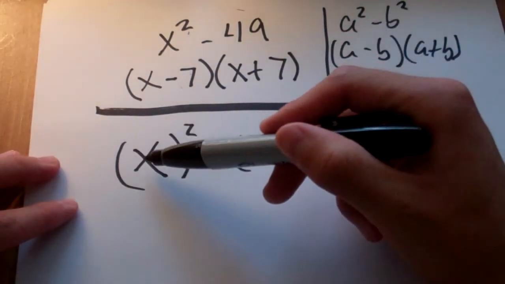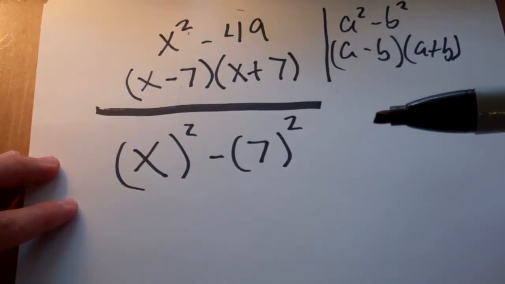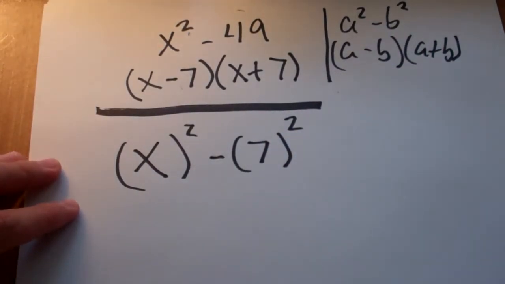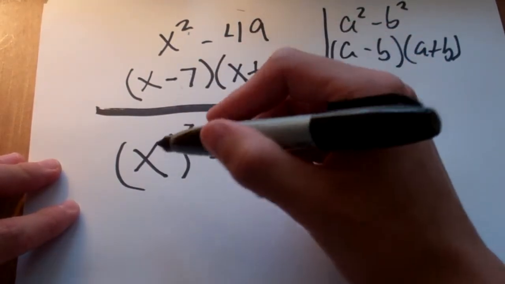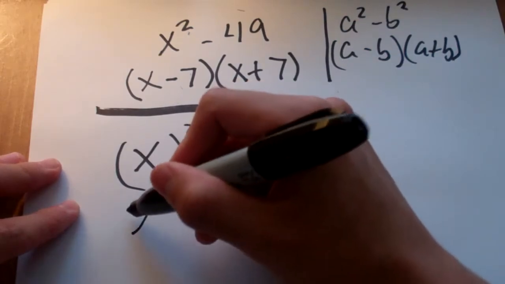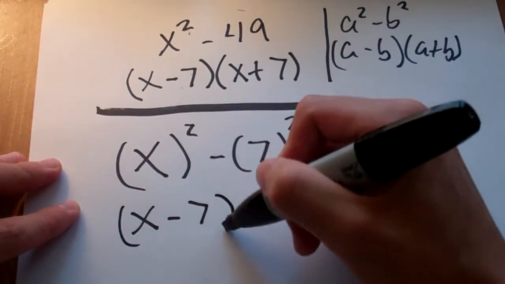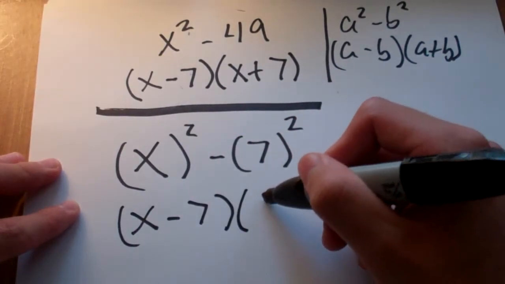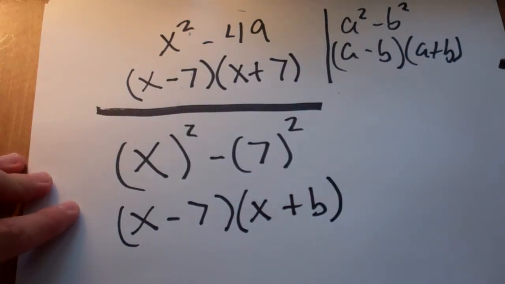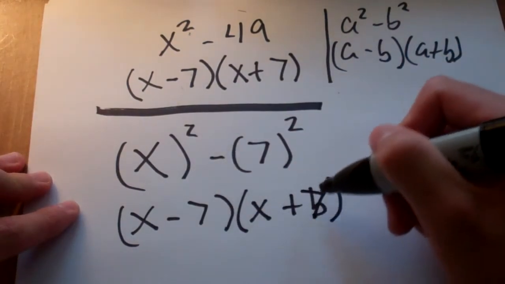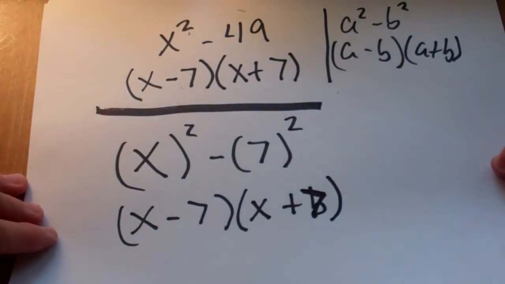So clearly we can see that this is a in this case, and this is b. That might be easier to see that way, maybe with some of the bigger numbers. So now we can just say a, which is x, minus b, which is 7, times a plus b. A plus 7.